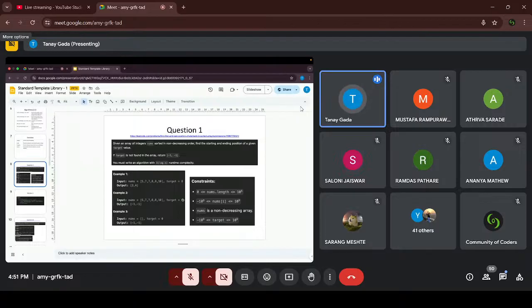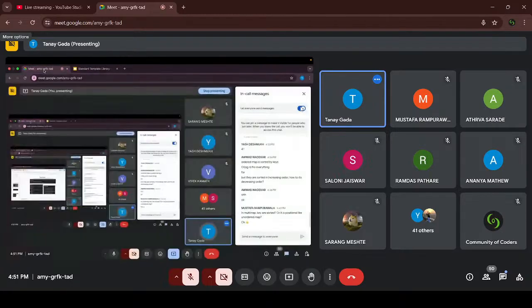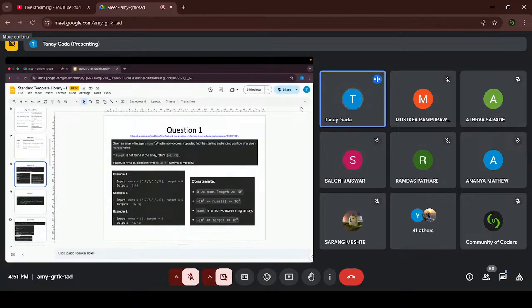Similarly for 6, we need to find the first index of 6 and the last index of 6. 6 is absent in this, so we need to print -1, -1. Understood the question, everybody?